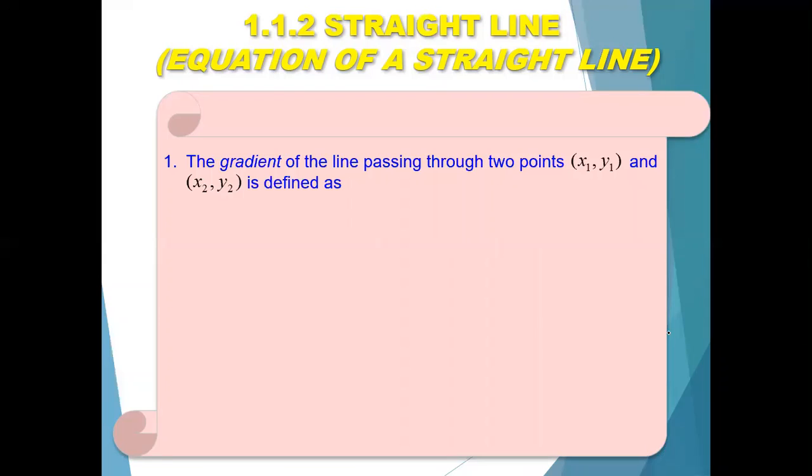The gradient of the line passing through 2 points is defined as gradient, denoted by m. Slope or gradient is the same thing, equal to y2 minus y1 over x2 minus x1.